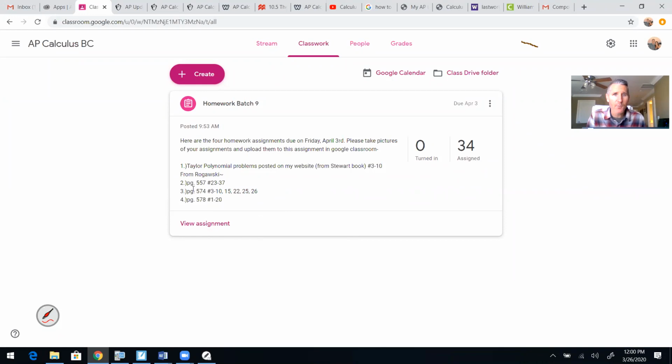And then the other 3 from Rogalski, the 2 through 4, that's what you are going to do by next Friday, and then turn those in along with the first one. And like I said, you take pictures and send that to me, or submit that via this, right?